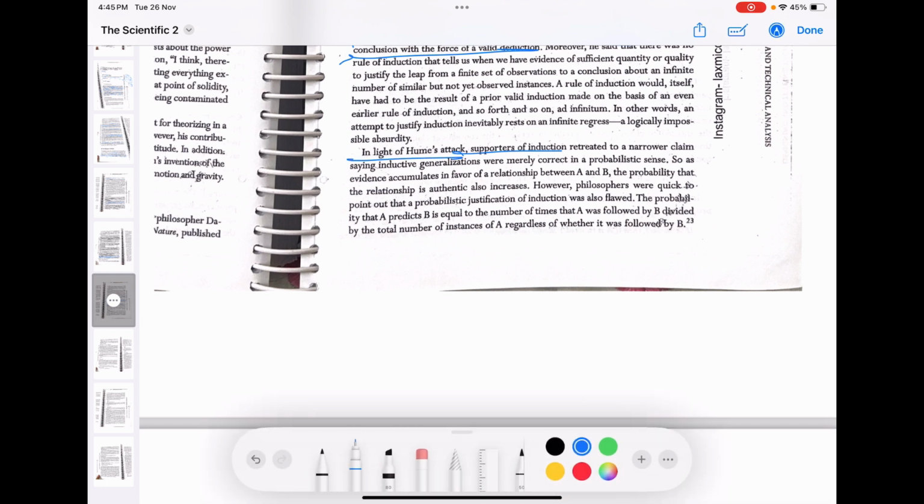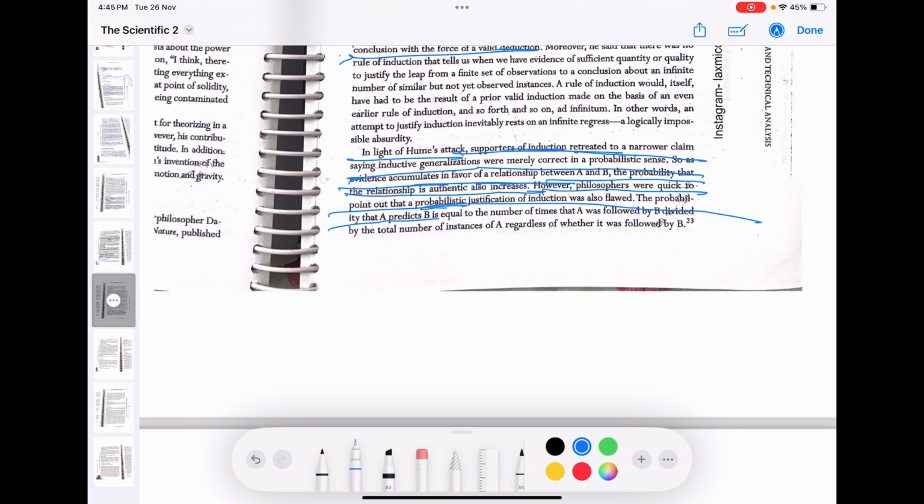In light of Hume's attack, supporters of induction retreated to a narrower claim, saying inductive generalizations were merely correct in a probabilistic sense. So, as evidence accumulates in favor of a relationship between A and B, the probability that the relationship is authentic also increases. However, philosophers were quick to point out that a probabilistic justification of induction was also flawed.